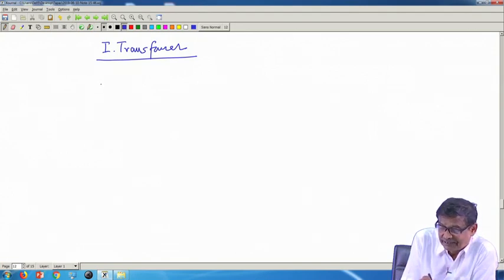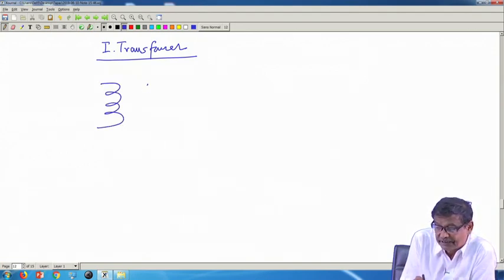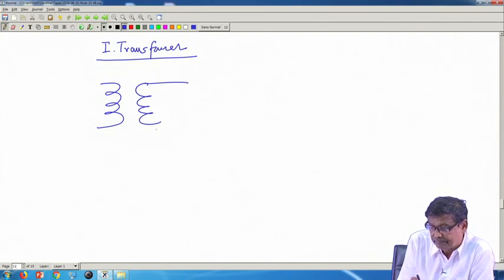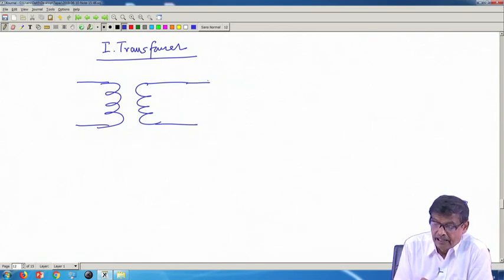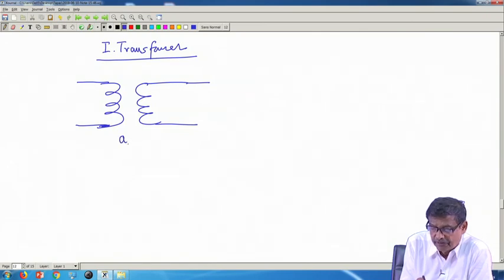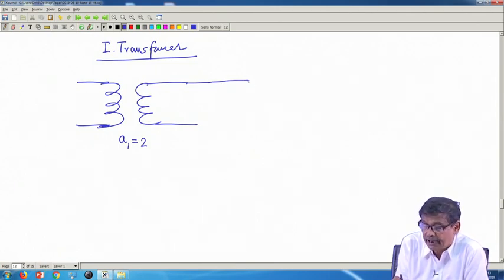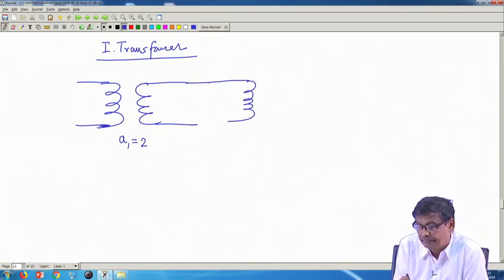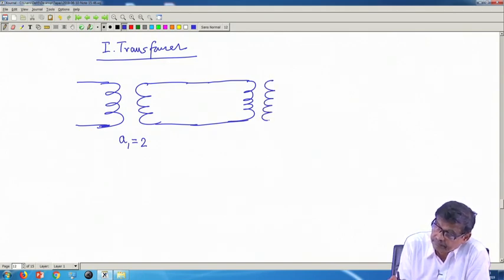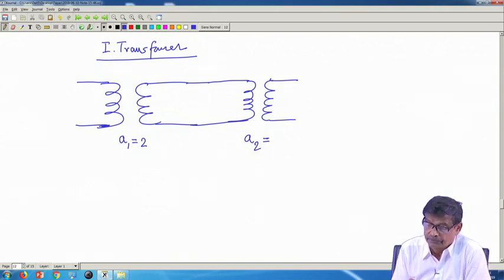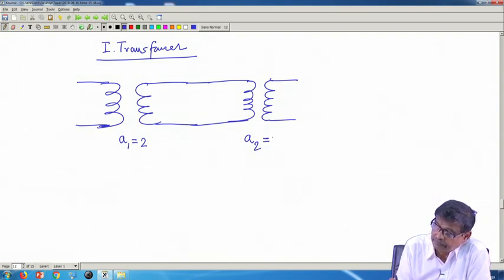Suppose somebody has connected a transformer here, and the turns ratio of this transformer is, suppose, 2, and he has connected another transformer here, and its turns ratio is, suppose, half.